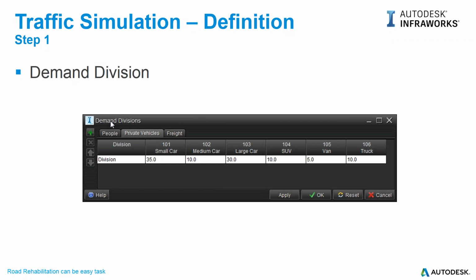And then what you can do, you can define what we call demand division, because each road is different, and you should define what will be the percentage of small cars, medium cars, large cars, SUVs, trucks. And mainly these trucks are important because they can slow down traffic, because they have different behavior while driving.